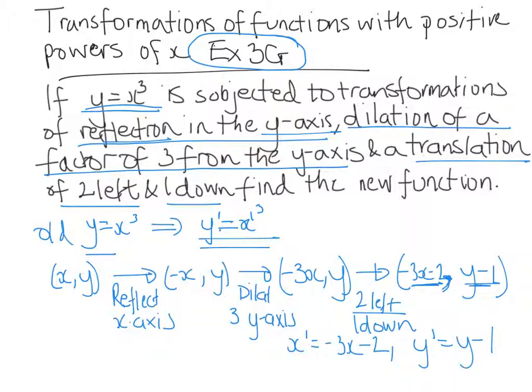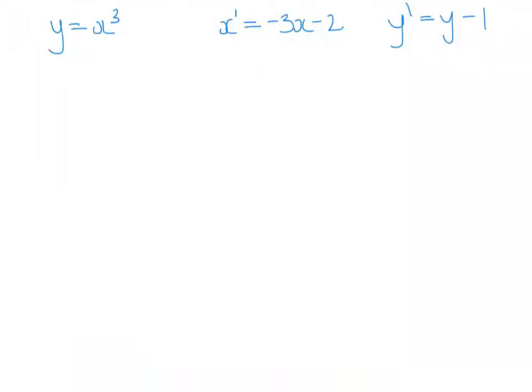Alrighty, I'm going to change pages. Okay, so let's take this minus 2 across the other side, so this will be x dash plus 2. Then we'll divide by minus 3 on both sides.